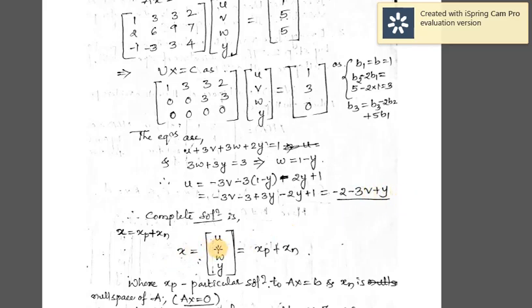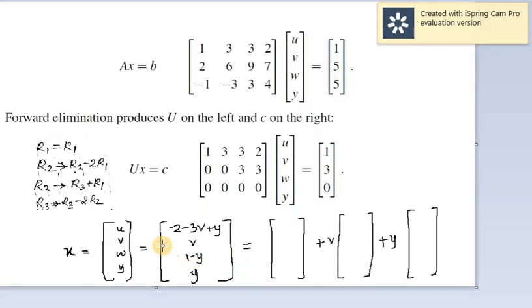The value of v is taken as it is. W is nothing but 1 minus y, and y is y only. Now these are our independent, free variables, and these are our dependent, pivot variables.